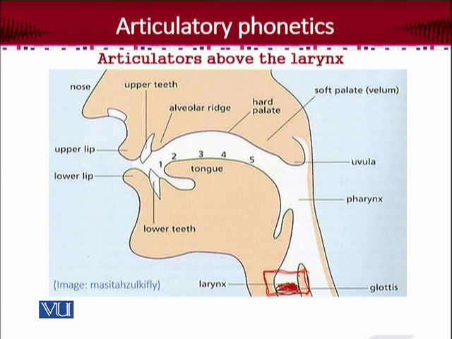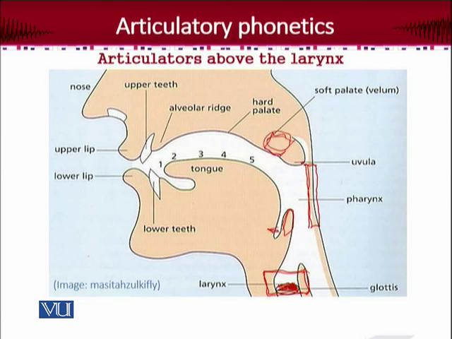Okay, so above this larynx, there are various articulators. This is called the epiglottis, which is attached to the root of the tongue, right? And this is the pharynx, also called the pharyngeal wall. The normal size of the pharyngeal wall is 7 cm in ladies and 8 cm for males. All right, above it, this corner is called the uvula, and this is the soft palate, okay?